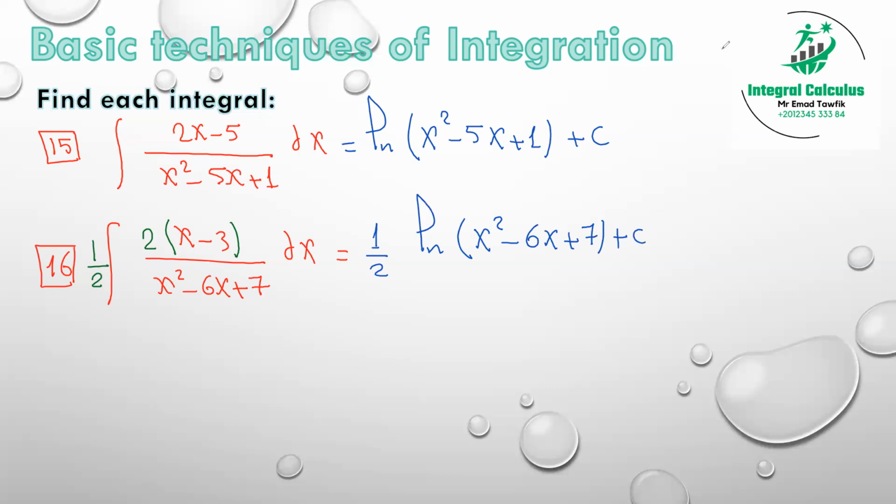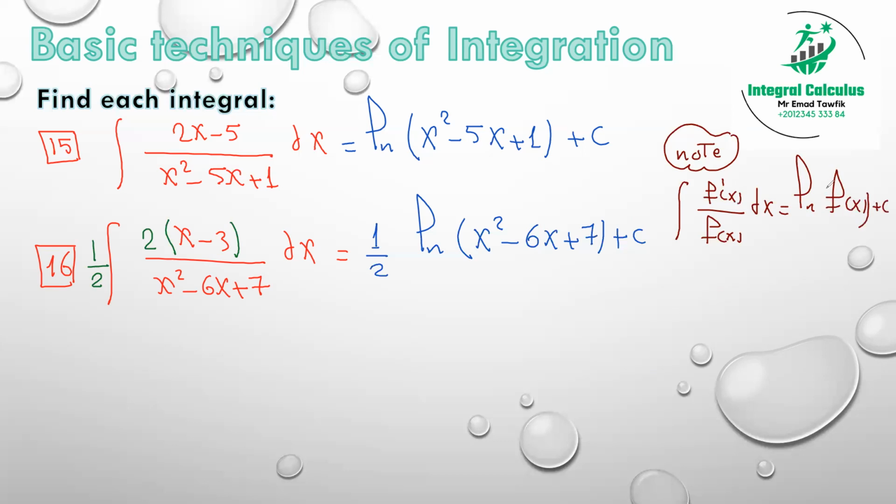Before going to the next point, I'm going to write my note here. Whenever you integrate a function written as a denominator with its derivative written in the numerator, my answer will be ln of the denominator, ln of f of x, plus c.